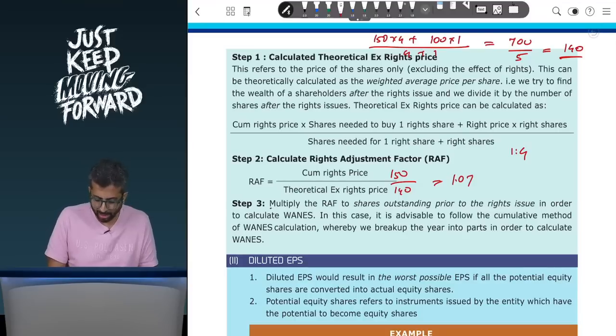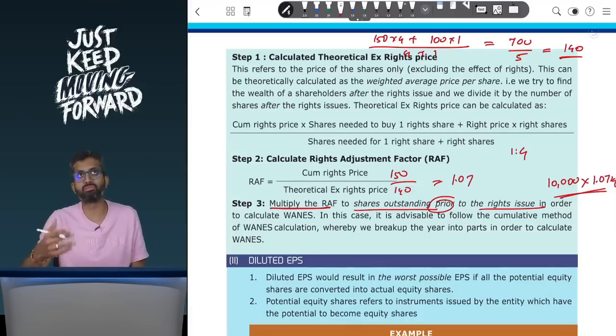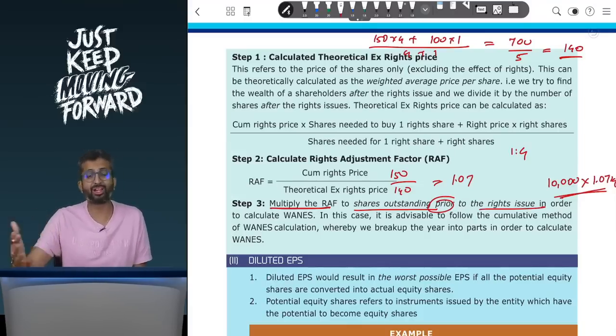Well, you will multiply the rights adjustment factor to the shares outstanding prior to the date of the rights issue. So prior to the date of rights issue, let's say there were 10,000 shares. We will say 10,000 into 1.0714 prior to the date of rights issue. After the date of rights issue, on the 10,000 shares you got, let's say, 2,500 shares. You would have taken 12,500 in total.